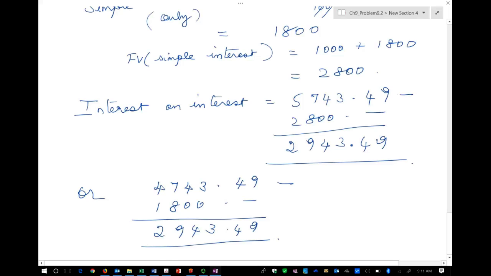You will get the same answer. You either take only the interest or you take the future value and subtract.